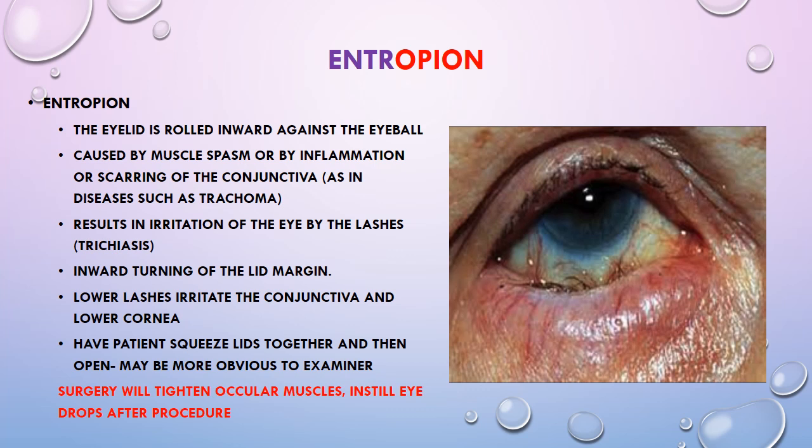The eyelid is rolled inward, and this is caused by muscle spasm or inflammation or scarring of the conjunctiva. So the lower lashes irritate the conjunctiva and the lower cornea. But remember, the surgery will help to tighten the ocular muscles.